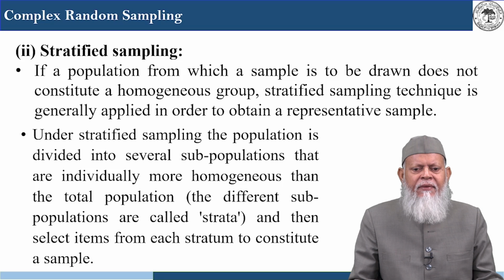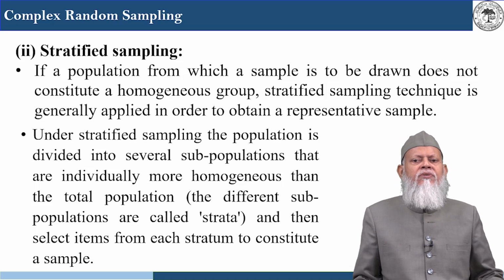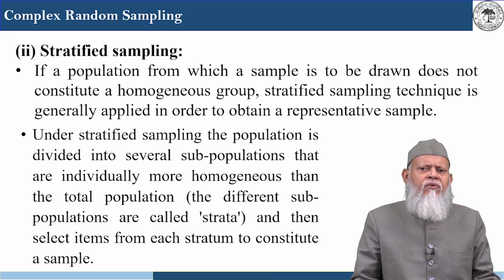Under stratified sampling, the population is divided into several subpopulations that are individually more homogeneous than the total population. The different subpopulations are called strata, and then we select items from each stratum to constitute a sample. Suppose again we project to study the level of satisfaction with teaching in a university.